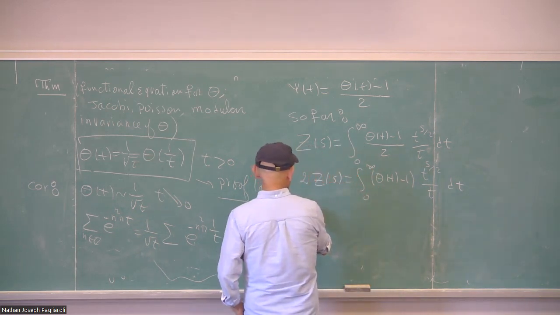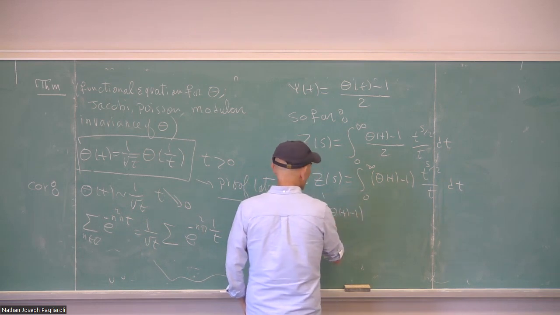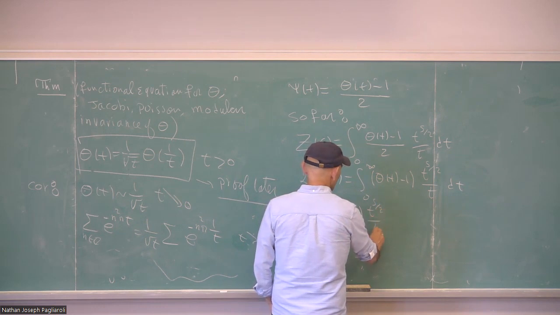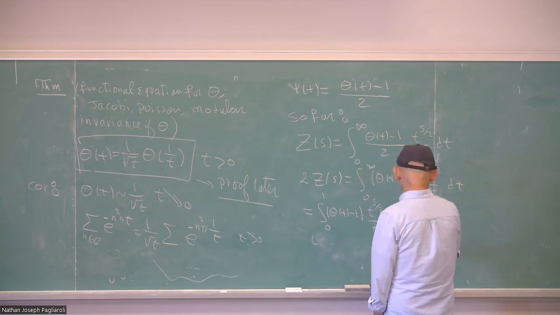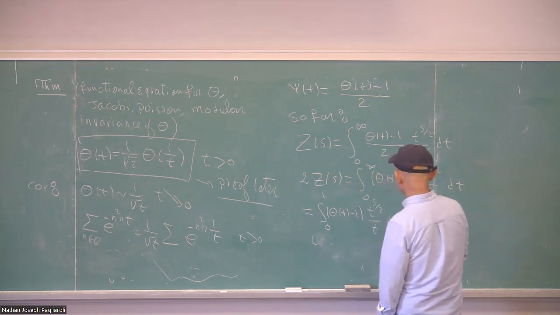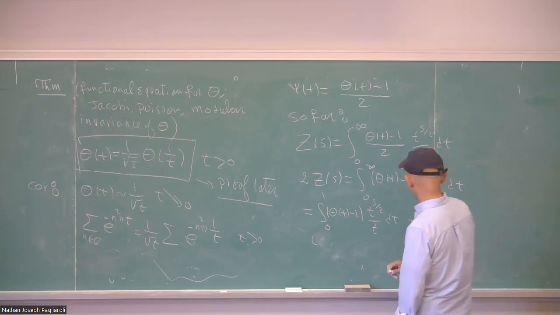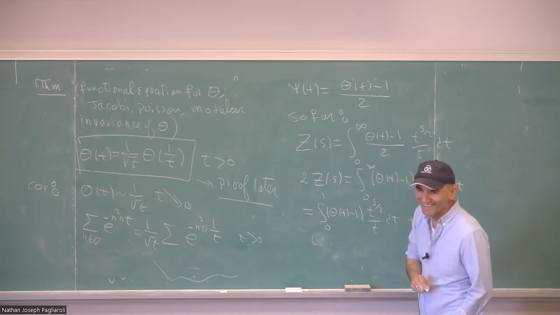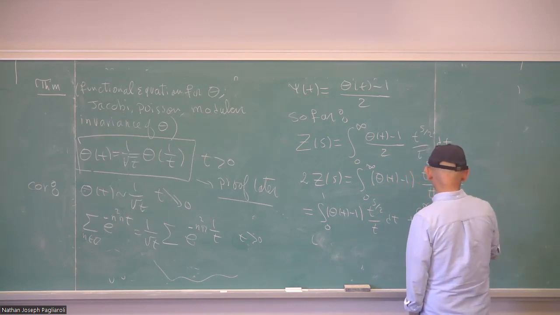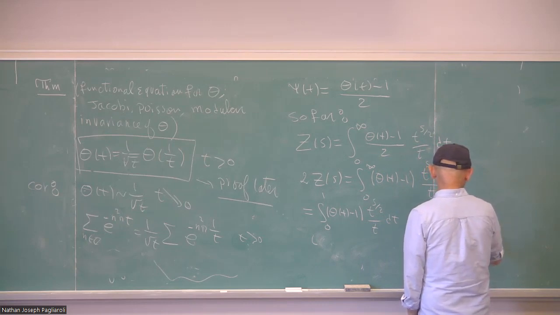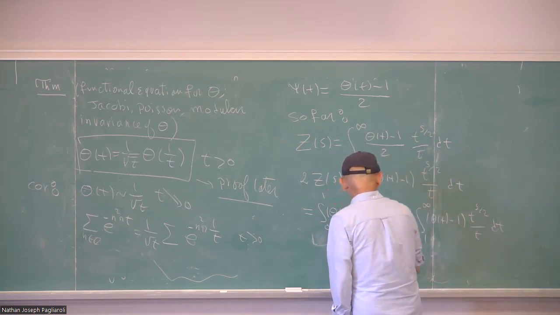So I write it as the integral from 0 to 1 of (theta of t minus 1) t to the s over 2 over t dt, plus the integral from 1 to infinity of (theta of t minus 1) t to the s over 2 over t dt. Let's call this term A and this term B.